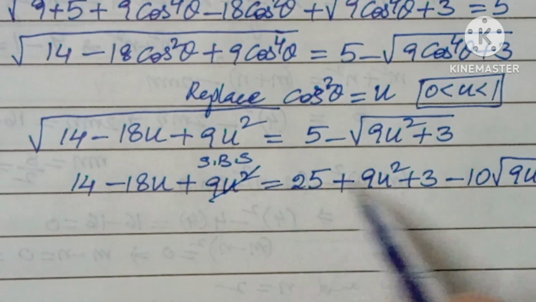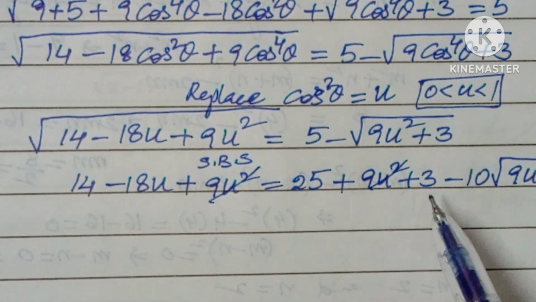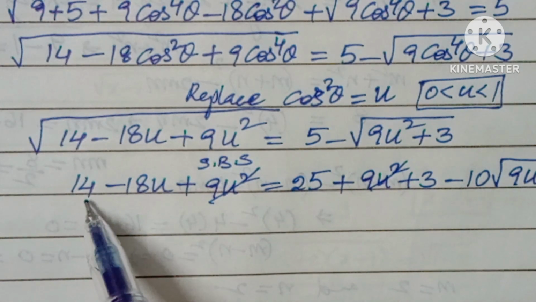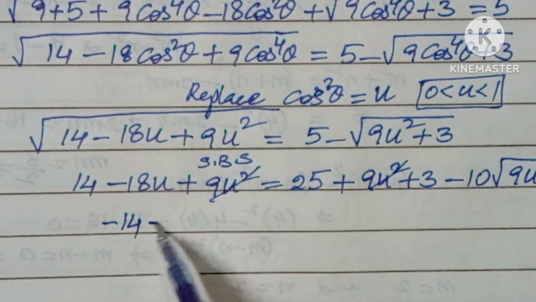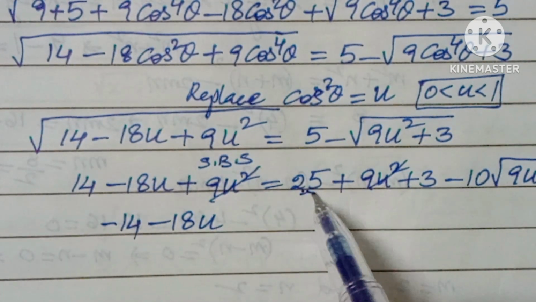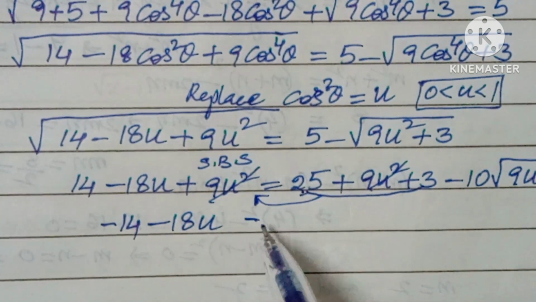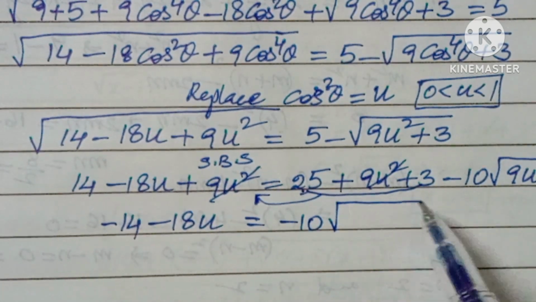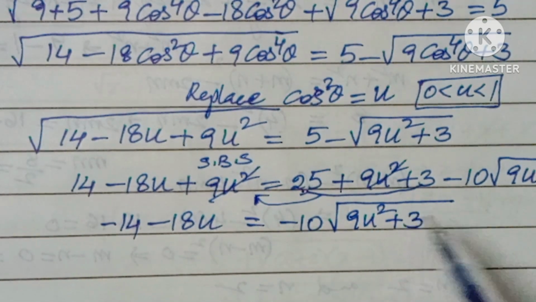Here 9u square you can remove. 25 plus 3 is 28, minus 14, so minus 14 minus 18u, sending these two values to that side, is equal to minus 10 root of 9u square plus 3.